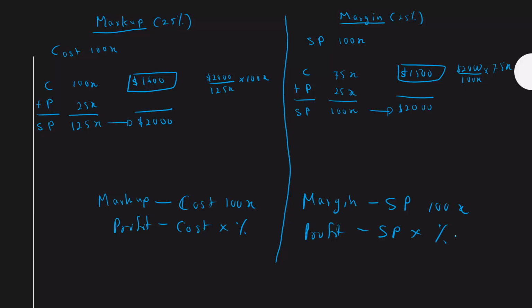So this is how you want to do a markup and margin question. I hope you got a comprehensive knowledge of how to do this calculation. What I am recommending, until you get the way of doing the calculation, repeatedly watch the video. If you can do these 6 questions properly, you can get the correct answers for any kind of difficult question.